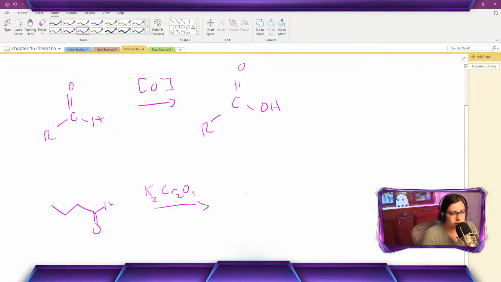It would oxidize it to our butanoic acid. 1, 2, 3, 4.